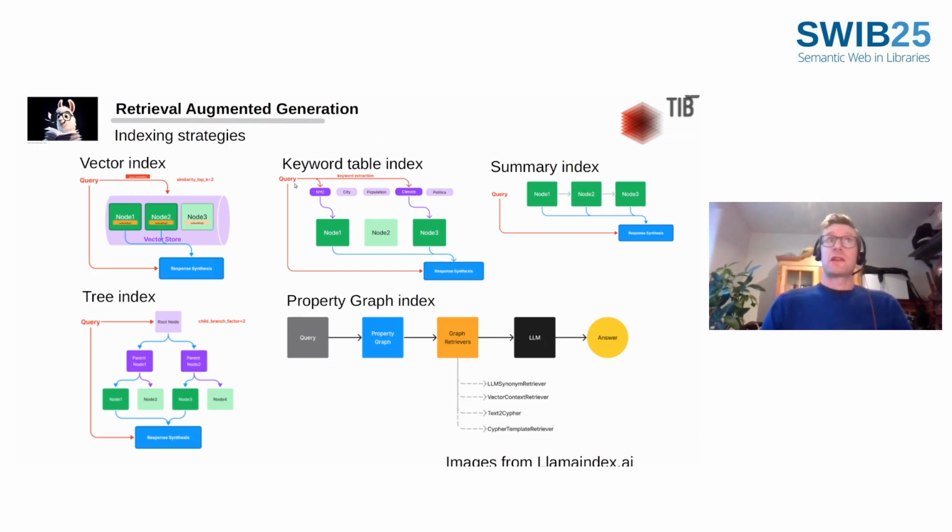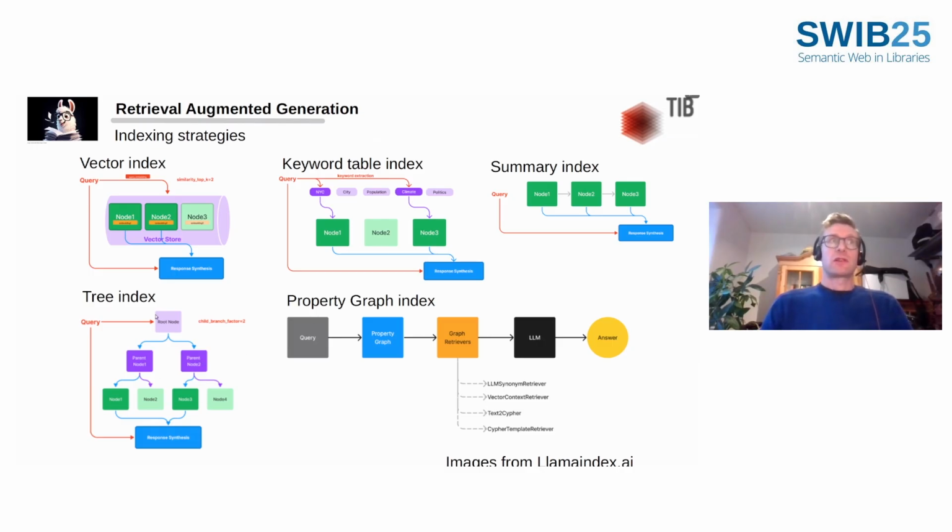But you could also say, I use the query and I have a controlled vocabulary and try to identify these keywords in the user question, for example, climate or New York City. And then I do a keyword search in my data to identify the relevant nodes and provide it to the LLM.